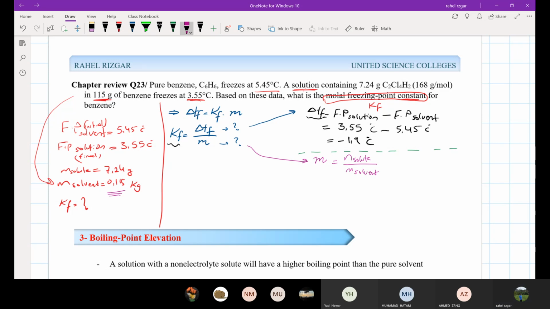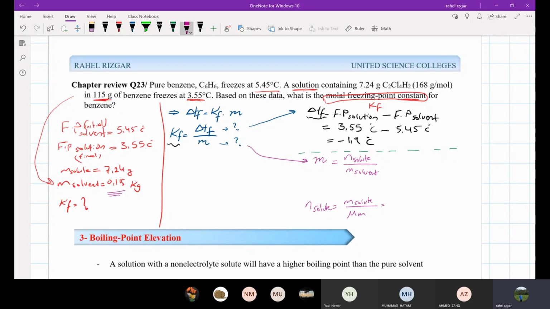In order to find mole of solute, as all of you know from chapter 1, we need mass over molar mass. Mole of solute equals mass of solute over molar mass.